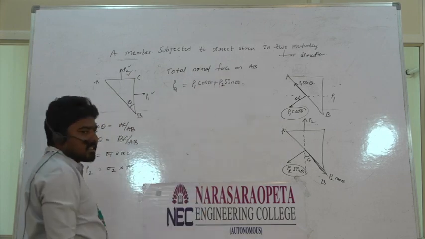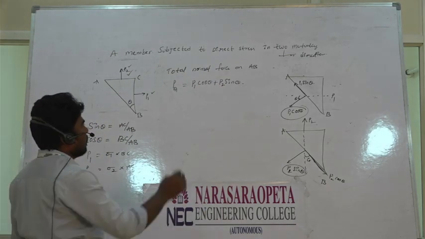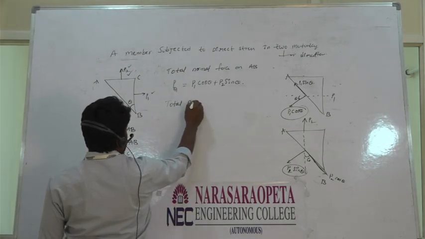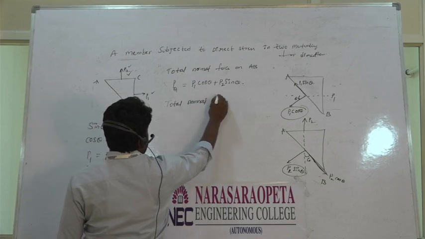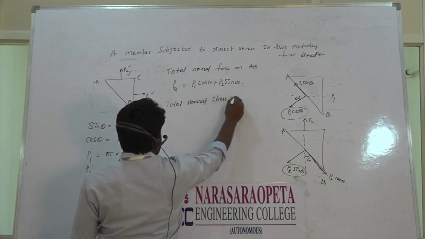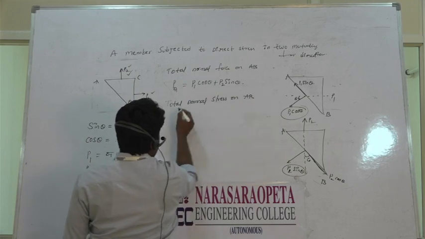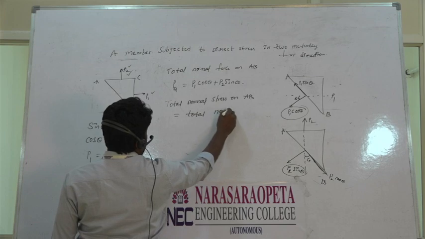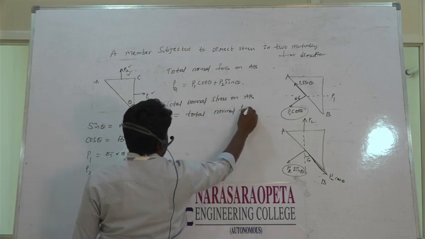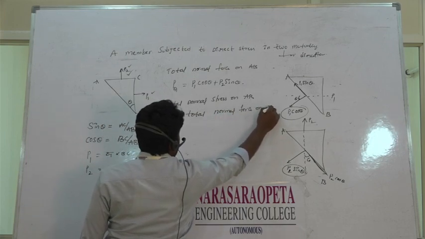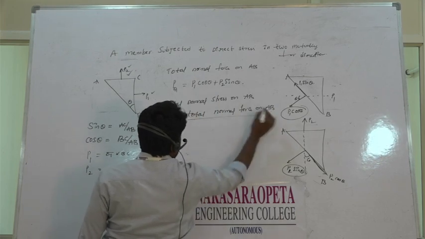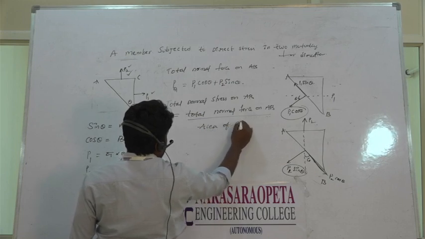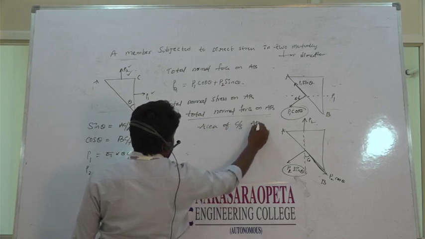We want stress on plane AB. So total normal stress on AB equal to total normal force on AB by area of cross section AB.